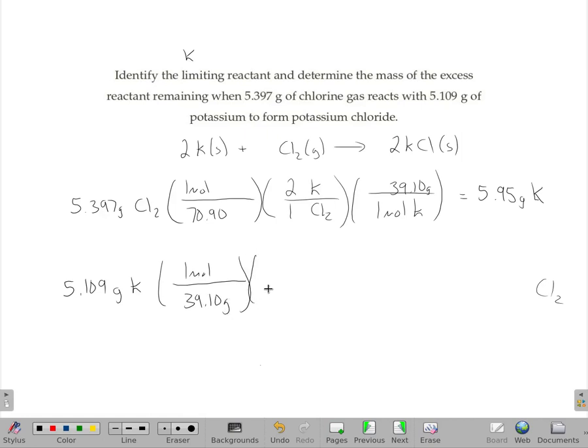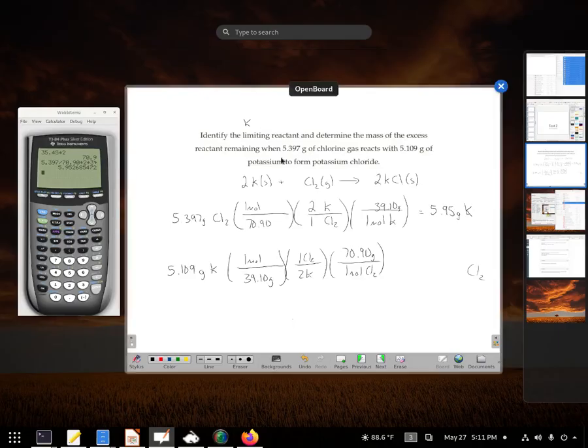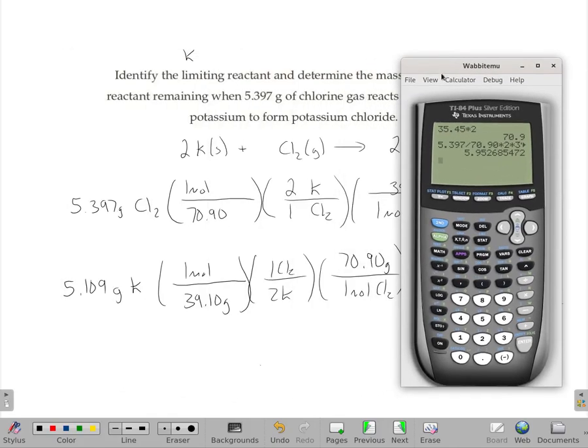Fortunately, it looks very similar to that previous one. I'm going the opposite direction, I guess you could say, because I'm converting potassium into moles to moles, and then 1 mole of chlorine weighs 70.90. Now this number better be under that 5.397, or else we've done the math wrong on one of these two.